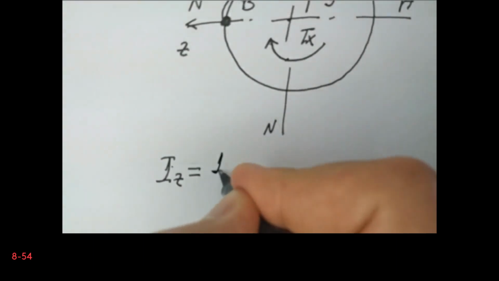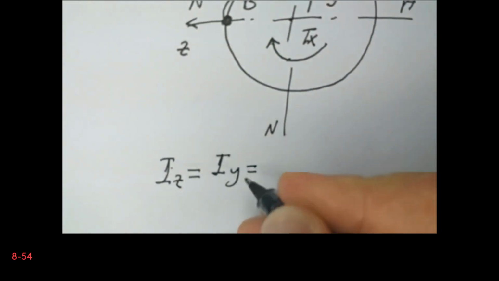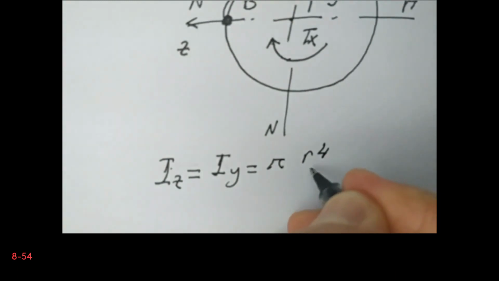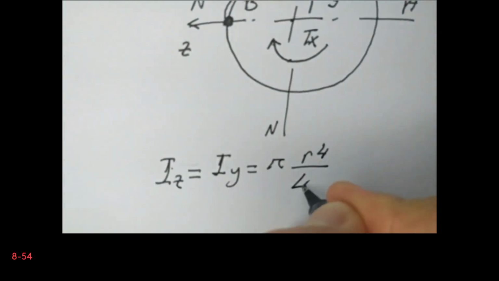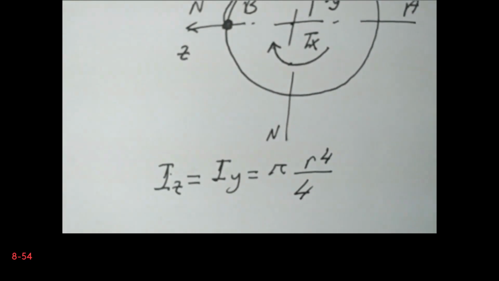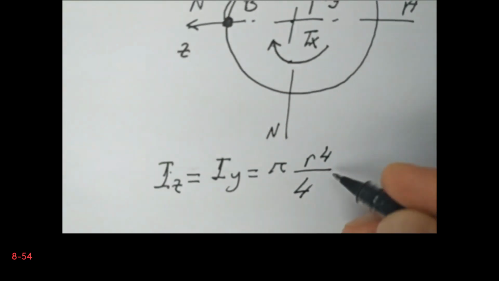Now it is pi r to the power 4 divided by 4. This is the bending moment of inertia for the cross section. In fact, the value is, so R is 12.5 millimeters.